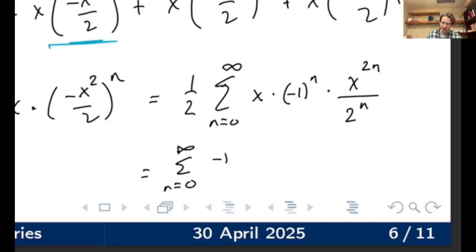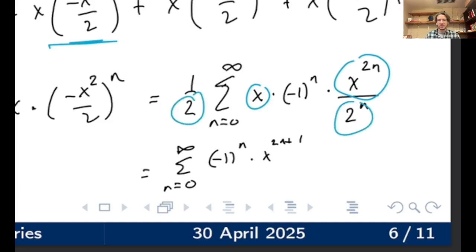First, I've got that alternating minus 1 to the n, and I've got x to the 2n times x, so that becomes x to the 2n plus 1. And then I've got 2 to the n, and I multiply by 1/2, so that will really look like over 2 to the n plus 1. There we go.